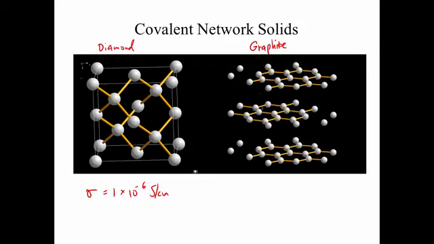But in this direction, there's only van der Waals attractions. It's hard for the electrons to travel. So graphite would be considered a weak conductor, and only in a particular direction.